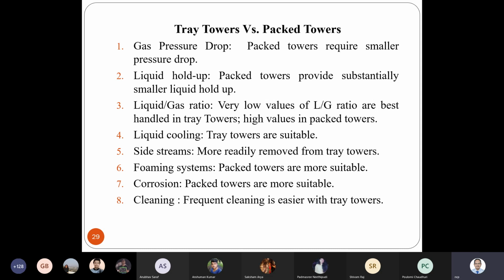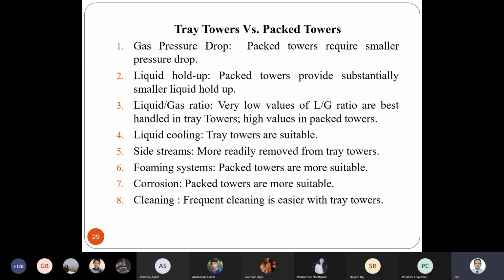You will see a lot of applications. And similarly, the packed tower is a liquid dispersed type. But remember here, the liquid is dispersed not in the form of fine droplets, but in the form of thin liquid films surrounding the packing, right?